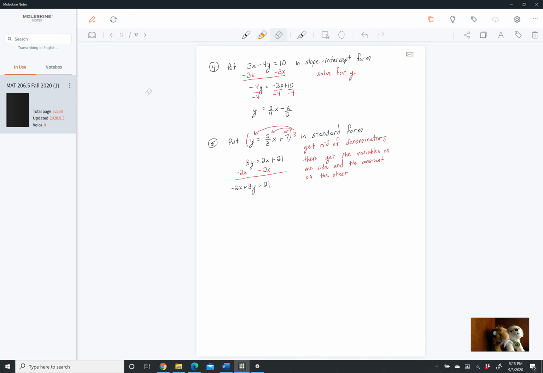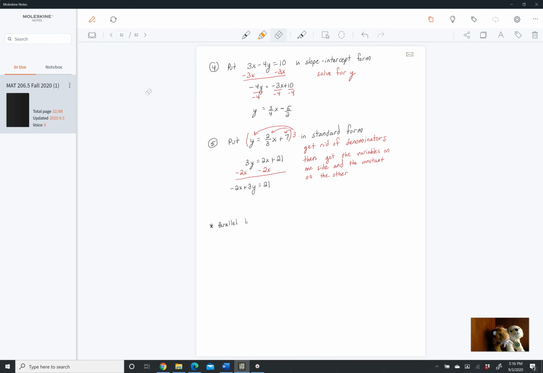But before I just close off, I just want to introduce you to the idea of parallel and perpendicular lines. Okay, so when two lines are parallel, they actually have the same slope. So this is the only thing that I want to stick in here as the last piece.